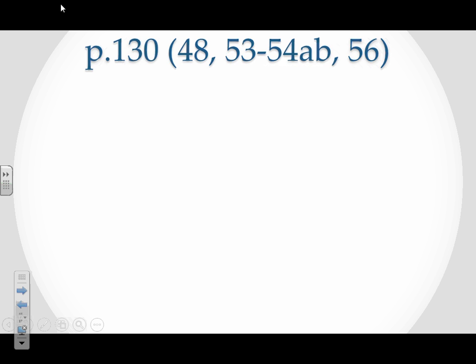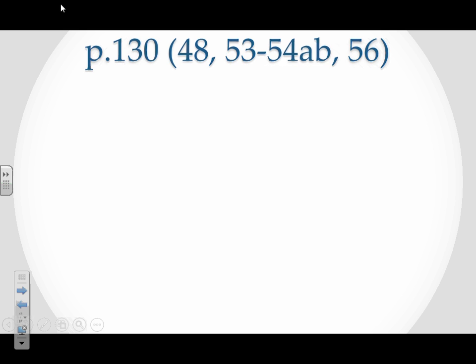Okay, so in the homework here, you only have 4 problems. Number 48, all it's going to do is give you z-scores and have you look it up on the table. So if z is less than, z is greater than, or z is in between two values, it just wants you to know how to work with calculating the correct percentages.